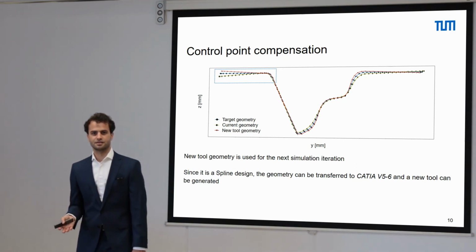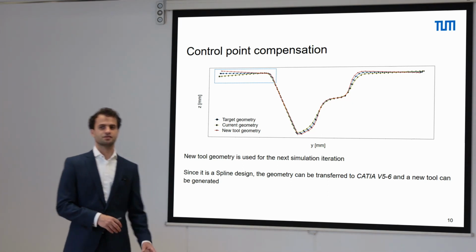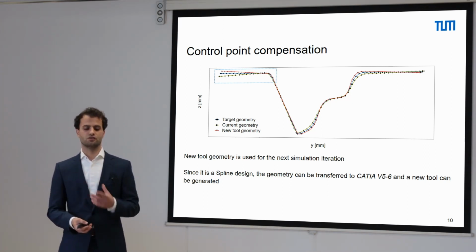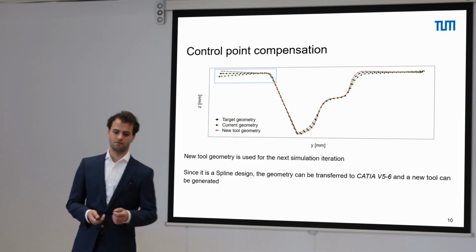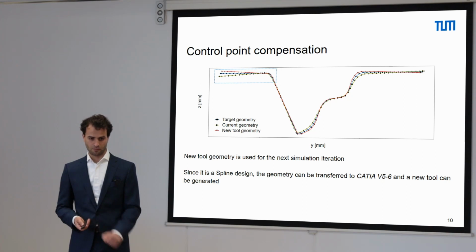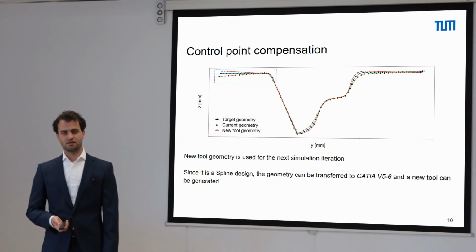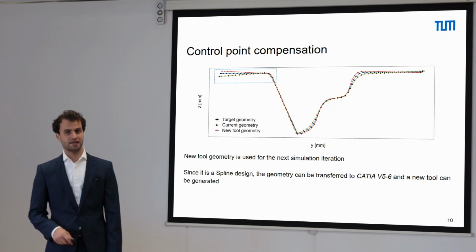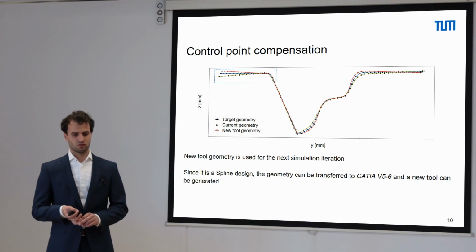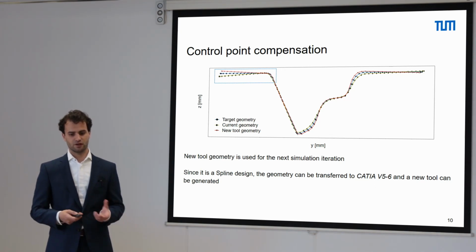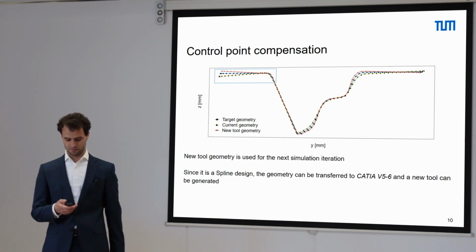And this, shown in red, is where the tool geometry is reused for a new simulation. So this is my iterative tryout process. And since this reverse engineering is using splines, it's very easy to transfer it into CATIA, for example, to generate this new tool geometry.